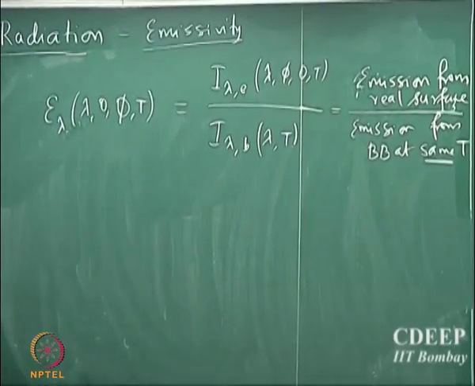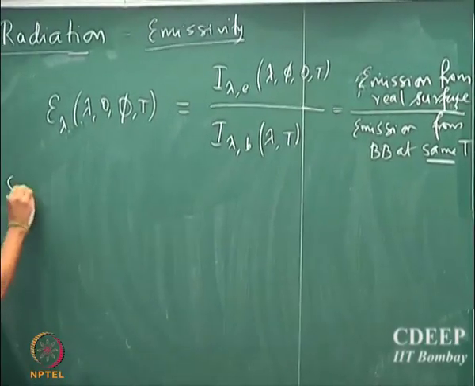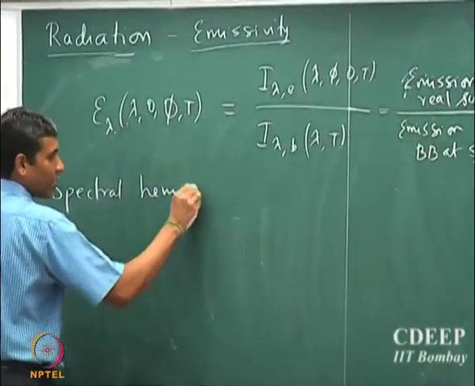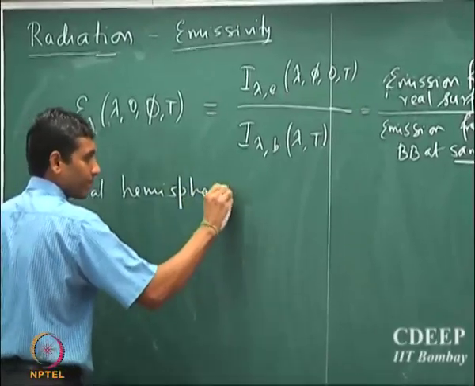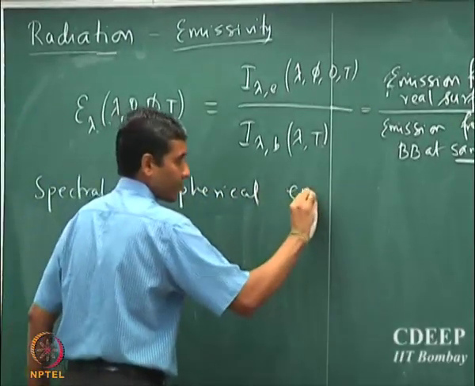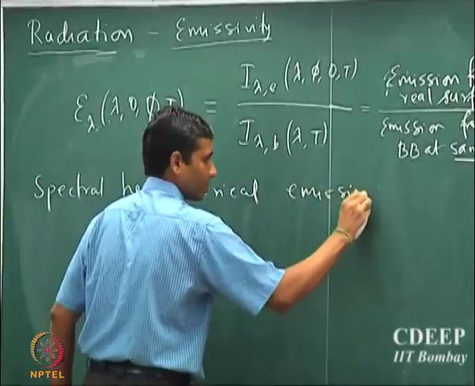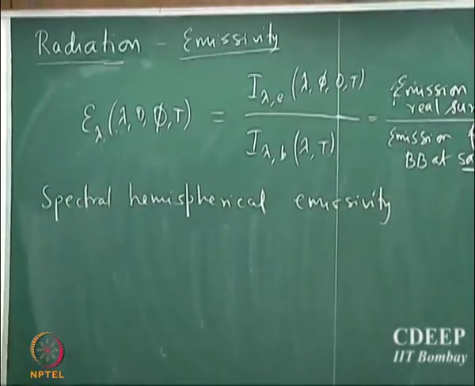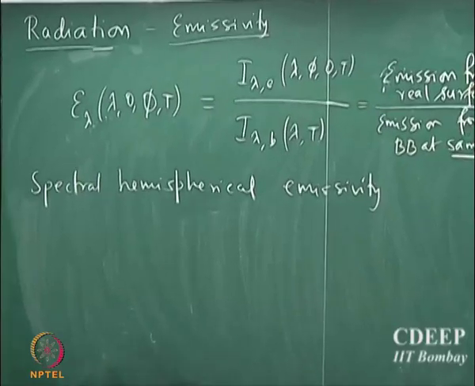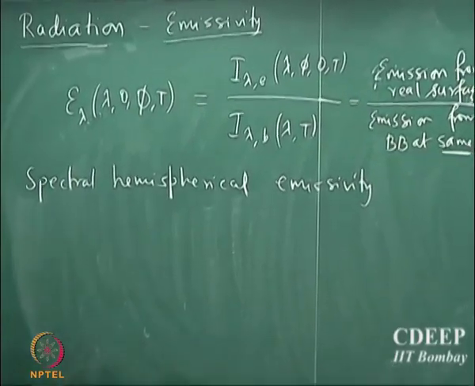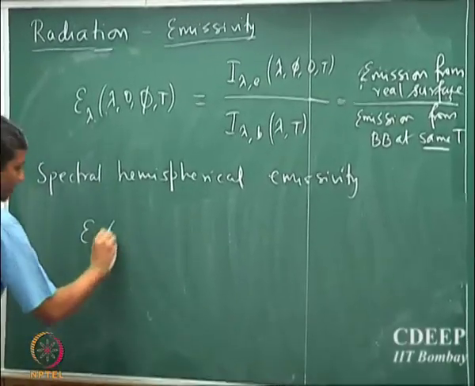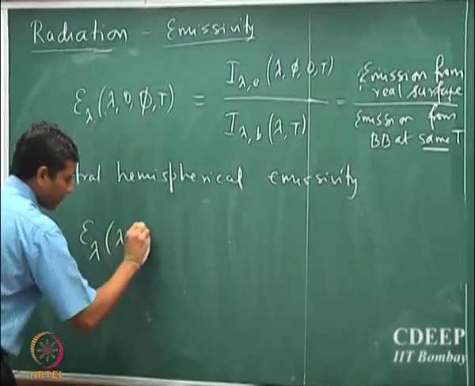So similarly, one could define a spectral hemispherical emissivity. So the definition is a bit tricky. It's very different from what you would have seen a short while ago. So the spectral hemispherical emissivity is now a function of lambda and temperature.